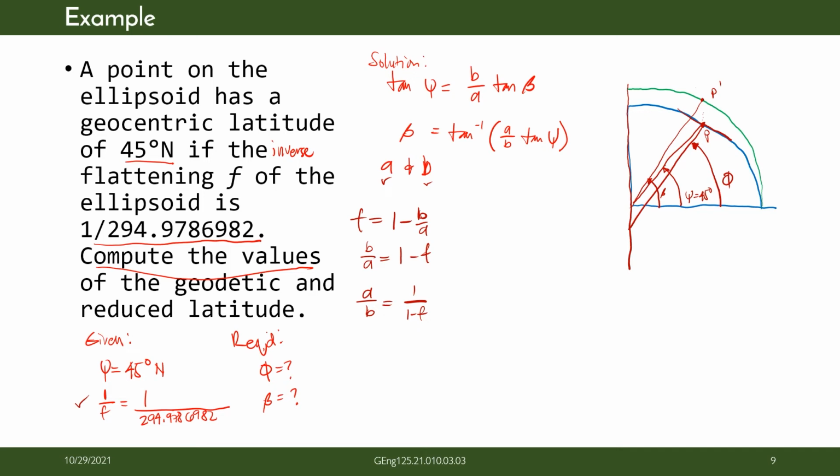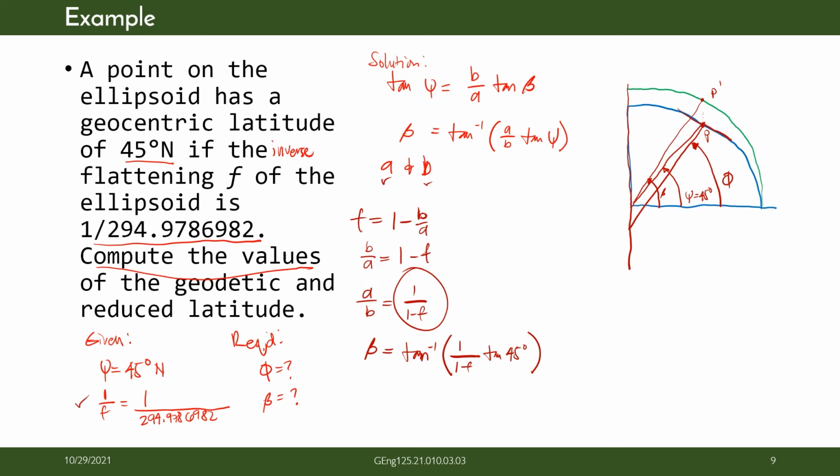So we can substitute, instead of a over b, we can use this value. Okay? So now, let's proceed first. To determine your reduced latitude, that would be equal to arctangent of 1 over 1 minus f times tangent of 45 degrees.